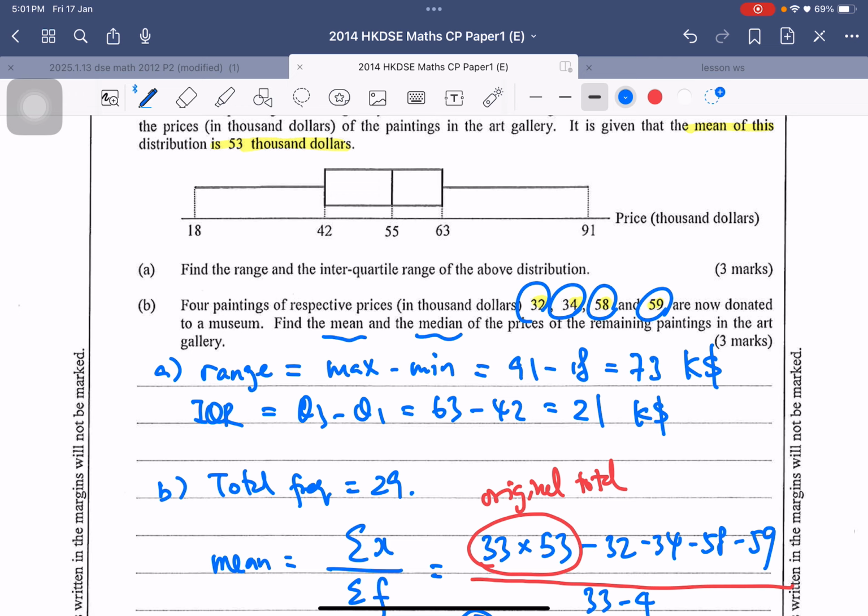Between 18 and 42. So this is going to be 32, and where is 34? It is removed, but we try to locate where it is. So this is 32, this is 34. Where is 58? Between 55 and 63. This is the 58, where is 59? Next to it. So this is the median. Remember what I said before?